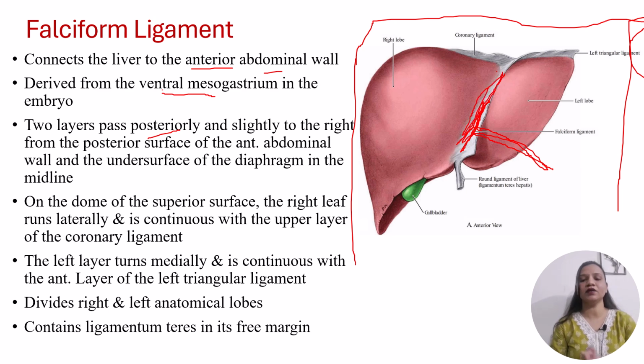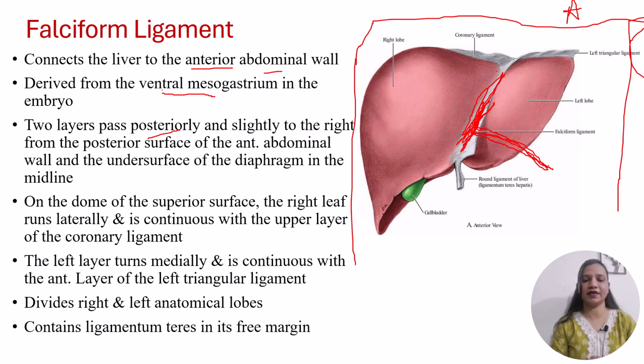So the ligament is passing from the posterior surface of the anterior abdominal wall to the anterior surface of the liver, slightly towards the right, and the under surface of the diaphragm in the midline.